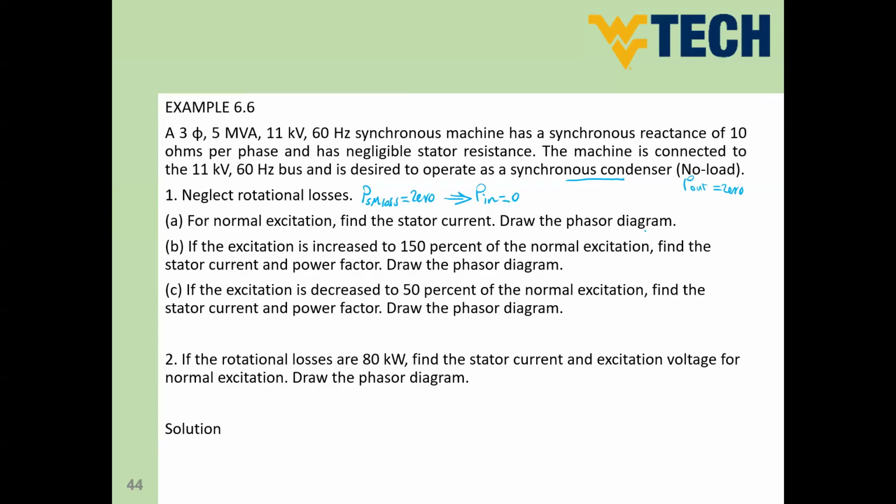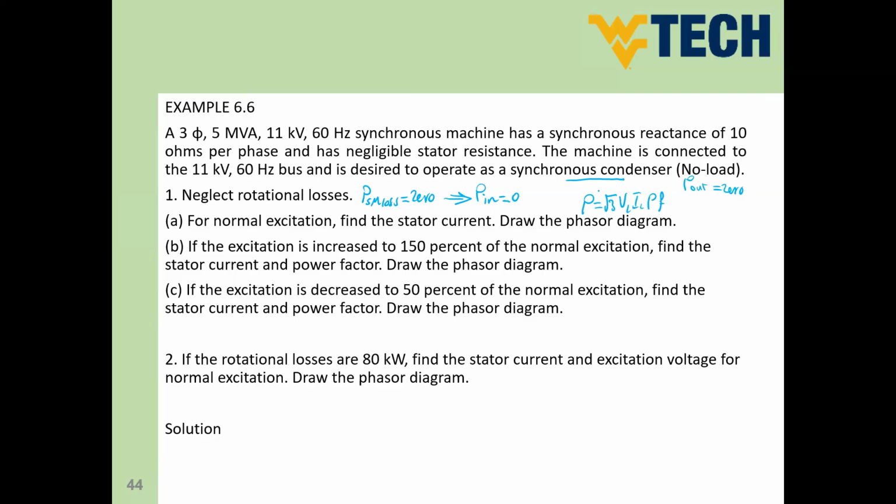In case of normal excitation, guys, normal excitation means power factor equals unity. The question is, if the power factor equals unity and the power equals zero, you know that power equals root 3 V line I line, which is the armature current here, times power factor.